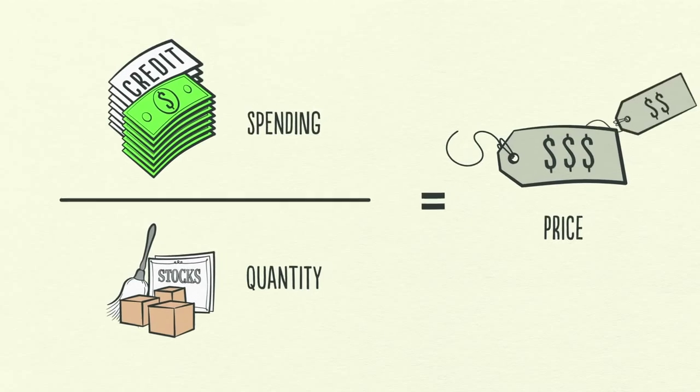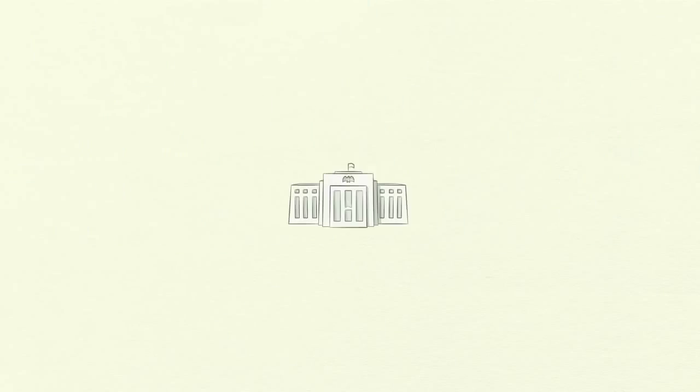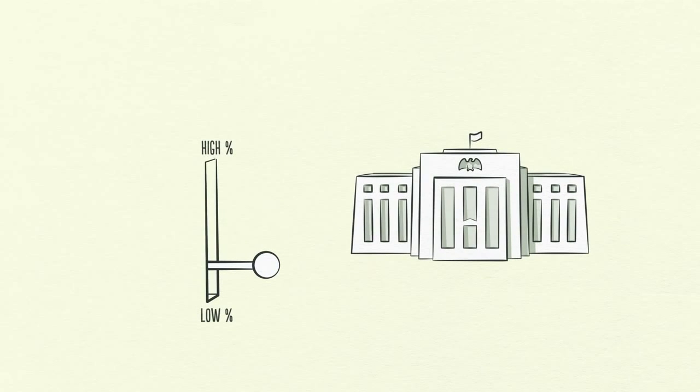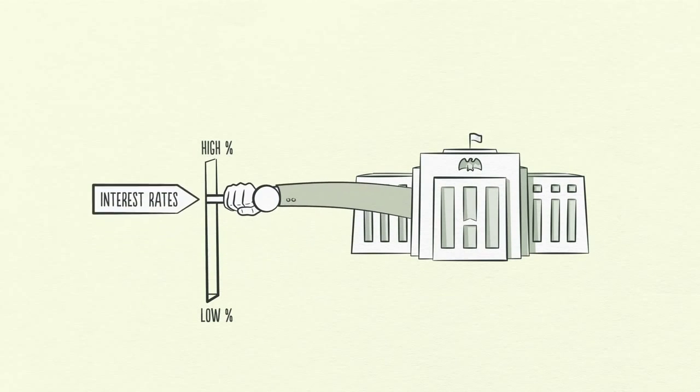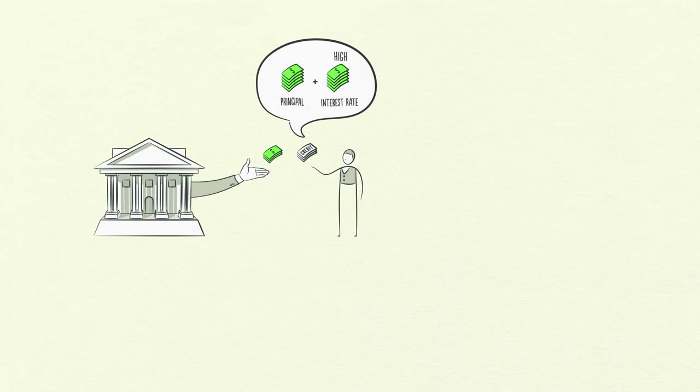When prices rise, we call this inflation. The central bank doesn't want too much inflation because it causes problems. Seeing prices rise, it raises interest rates. With higher interest rates, fewer people can afford to borrow money, and the cost of existing debts rises.